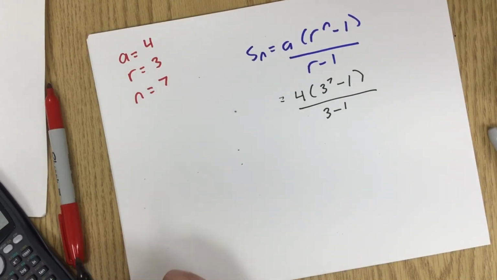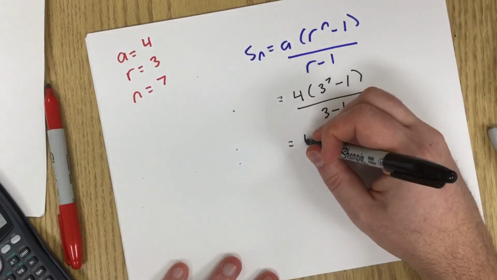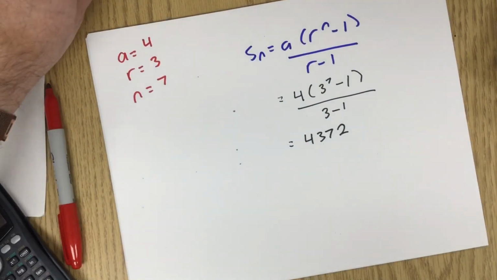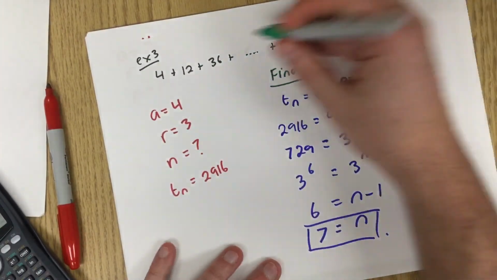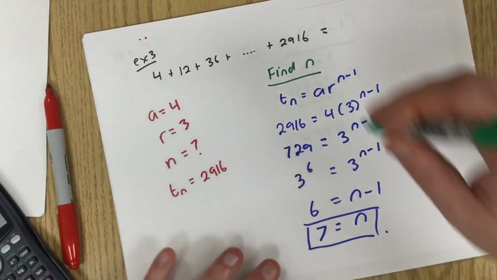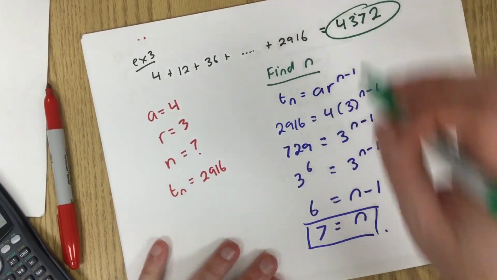Times 4 equals, divided by 2. And that's going to be 4,372. So all these numbers added together, 4 plus 12 plus 36 plus etc. following that pattern is going to be 4,372.